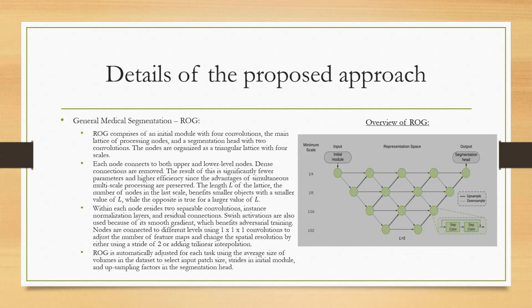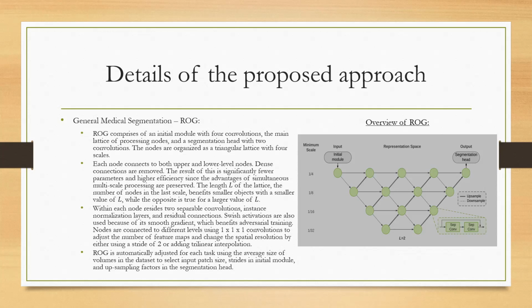Also, inside each node, there are two separable convolutions, instance normalization layers, as well as residual connections. The authors use something called swish activations because of its smooth gradient, which the authors also claim is beneficial to adversarial training. All nodes connect to the upper and lower levels using 1 by 1 by 1 convolutions to adjust the number of feature maps.